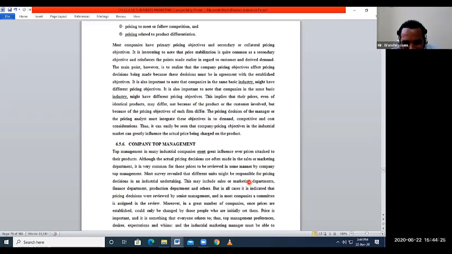So whenever we take a price decision in industrial market, we have to take the top management expectation, desire, and preference.